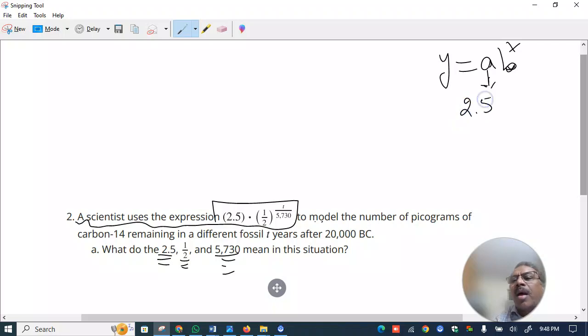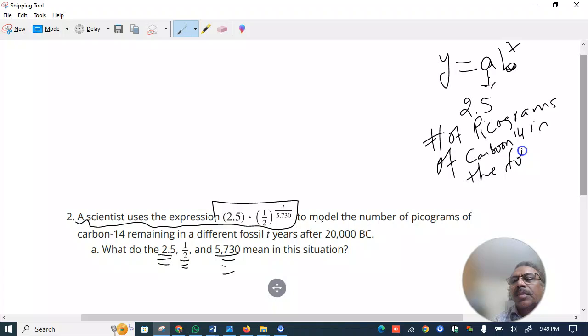So this 2.5 is the number of picograms of carbon 14 in the fossil in the beginning. When the substance got fossilized, the amount of carbon was 2.5 picograms.